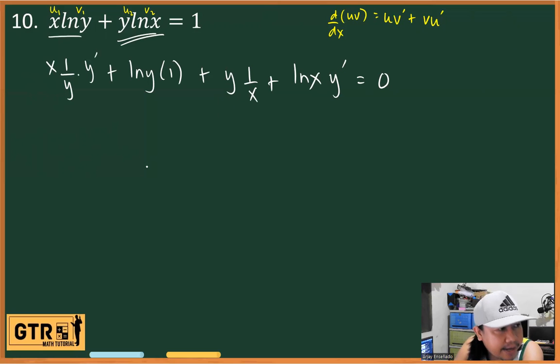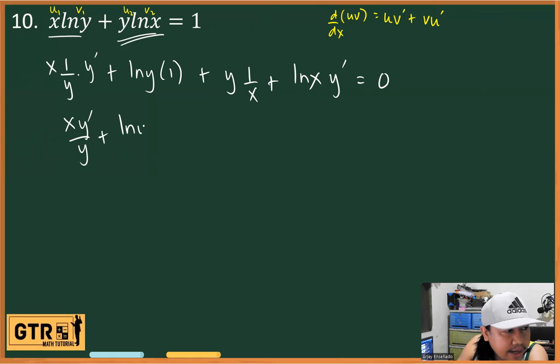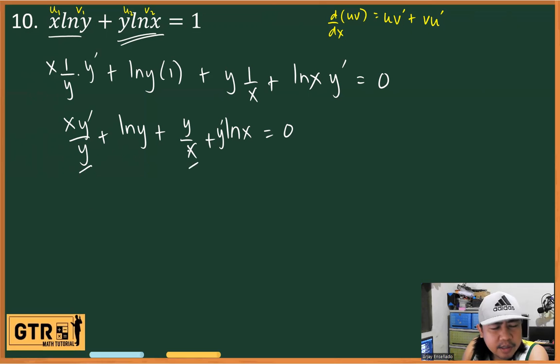Okay, so simplify. So we have x y prime over y plus ln y plus y over x plus ln x. So let's put y prime in front, equals 0. Then combine y prime, but we have denominator of y and x. So eliminate the denominator, multiply both sides of the equation by the LCD of y and x. So that is xy. Multiply both sides by xy.